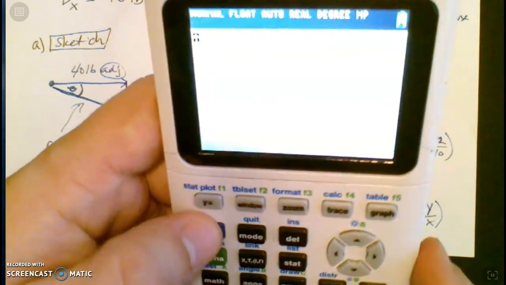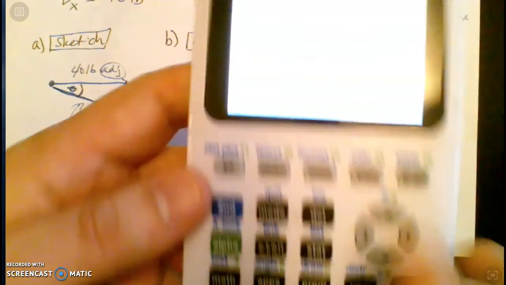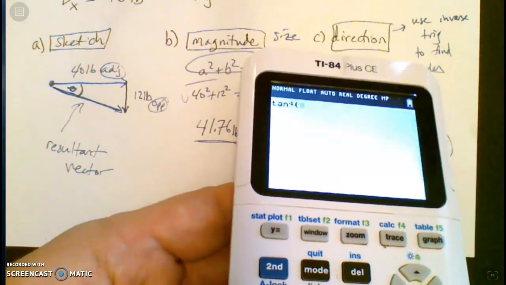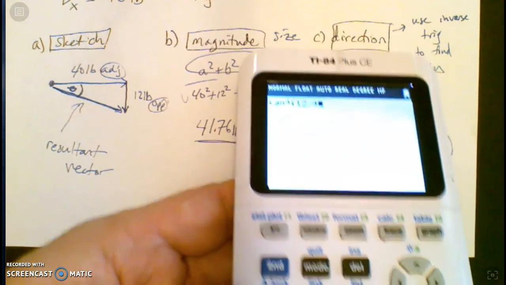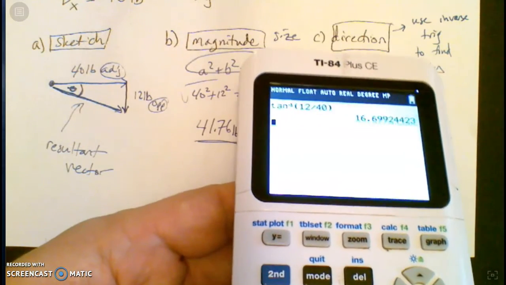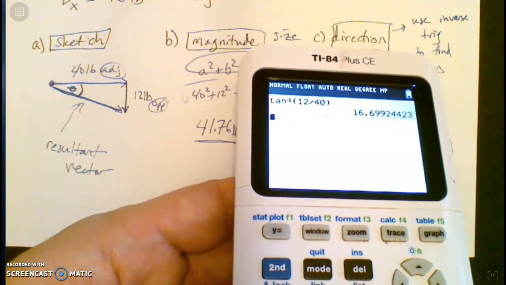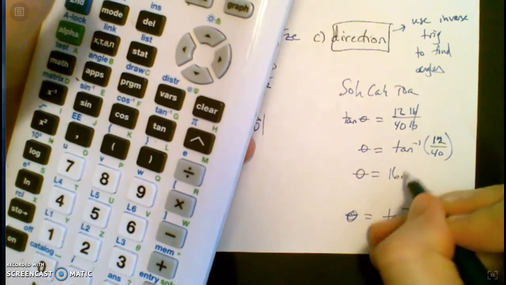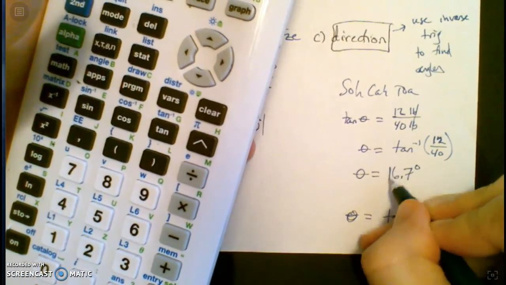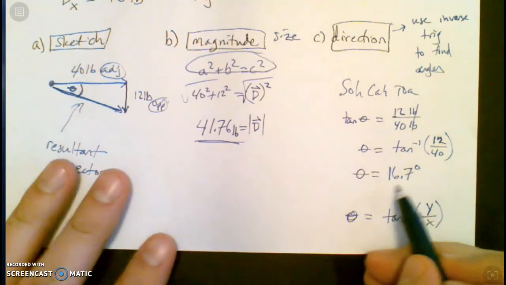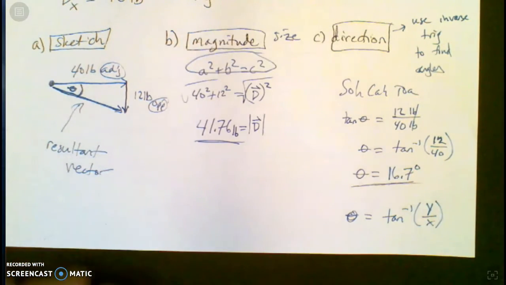So I hit second and then the tangent button, of 12 over 40. And it makes a 16.7 degree angle. I always just go one decimal place on degrees because it seems ridiculous to go that accurate on an angle.